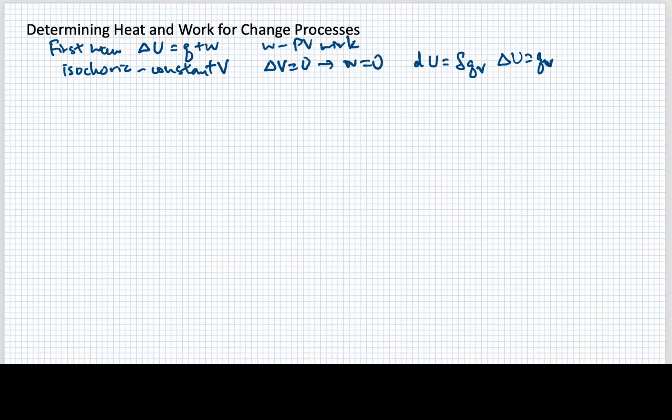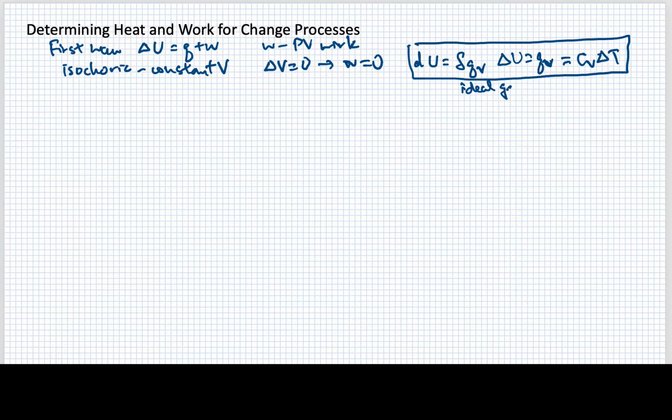We've also seen that this change can be written in many cases as the heat capacity at constant volume times the change in temperature. And in fact, this particular result is going to be true for ideal gases no matter what. So for an ideal gas, this is always true, no matter what the process involves, whether it's a constant volume process or not.